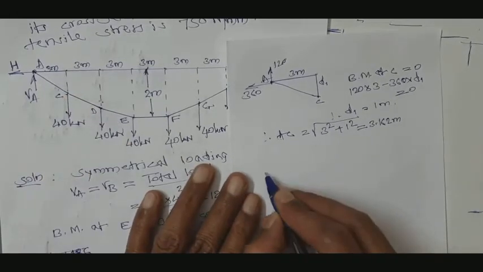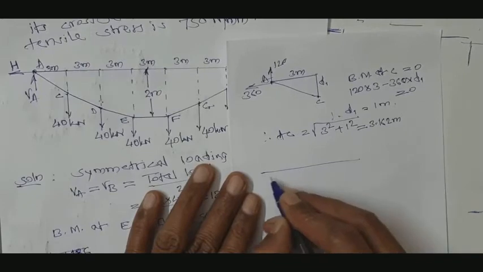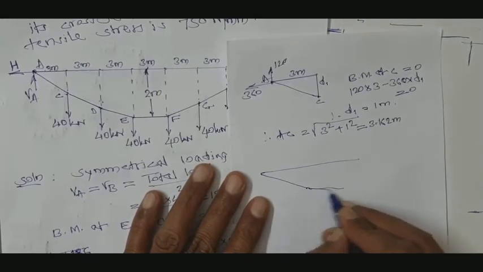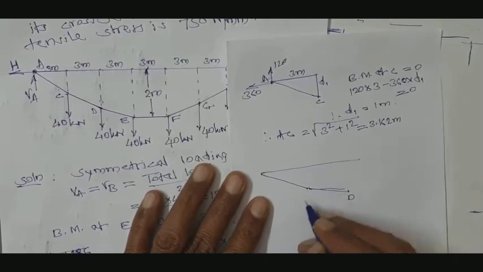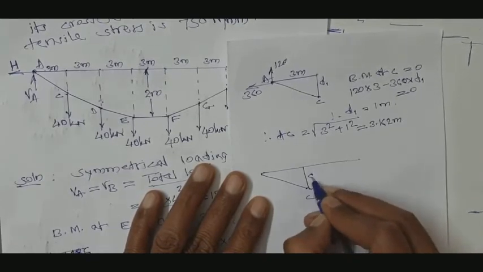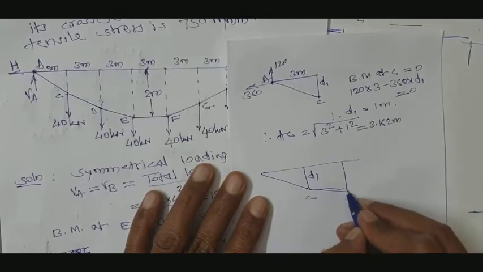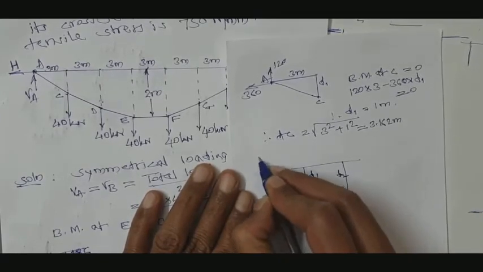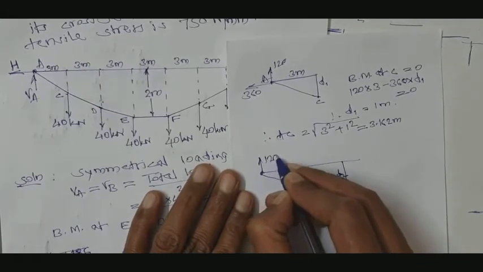So for the calculation of CD, here this is C, this is say D. This you have calculated as D1. Let us take this as D2. This is A again, this is 120 VA.